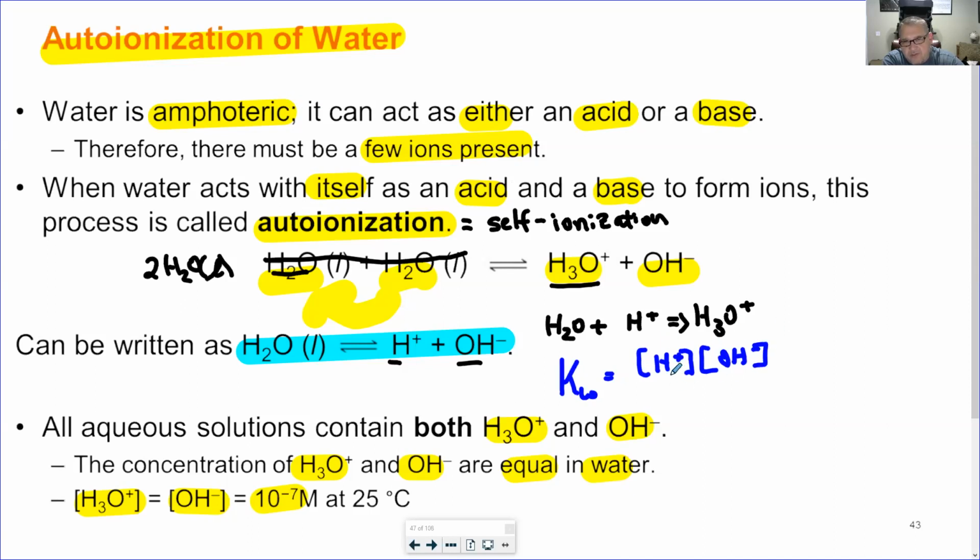The products are the H plus and the OH minus, the reactants are the water molecule. But since the water molecule is in the liquid state, it doesn't appear in the K expression. So the Kw is simply the product of the H plus times the OH minus in the system.